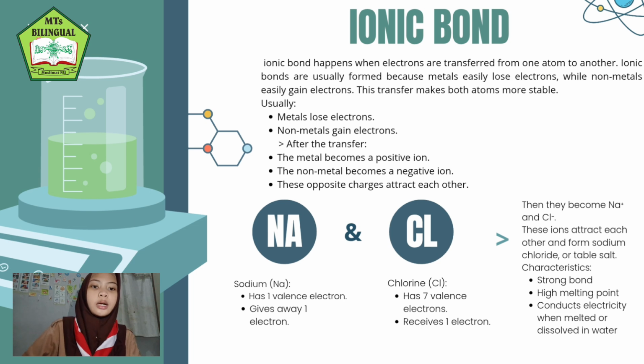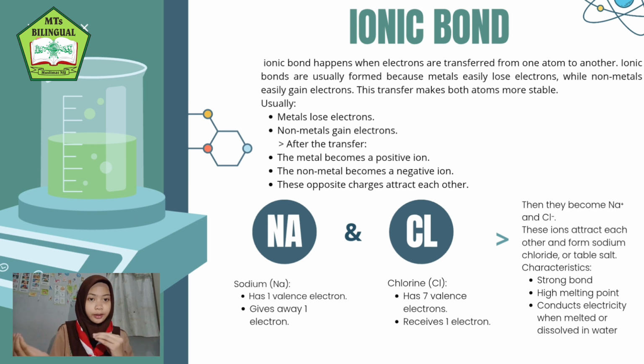And then we go to the ionic bond. Ionic bond happens when electrons are transferred from one atom to another. Ionic bonds are easily formed because metals easily lose electrons, while non-metals easily gain electrons.